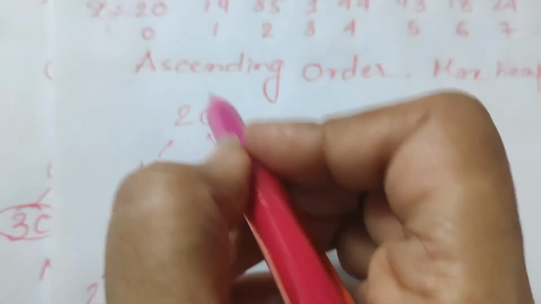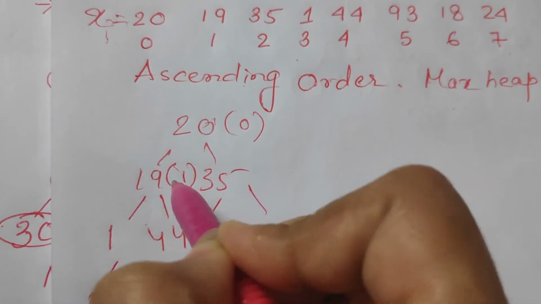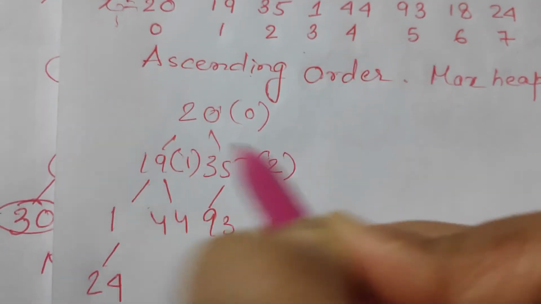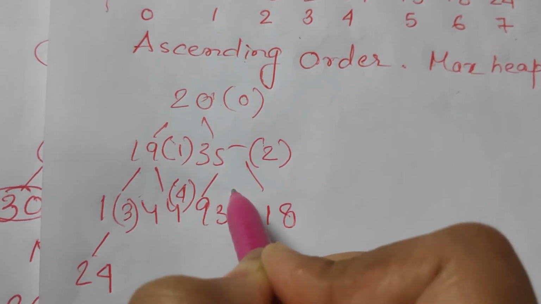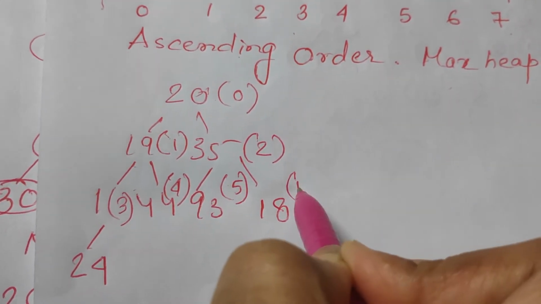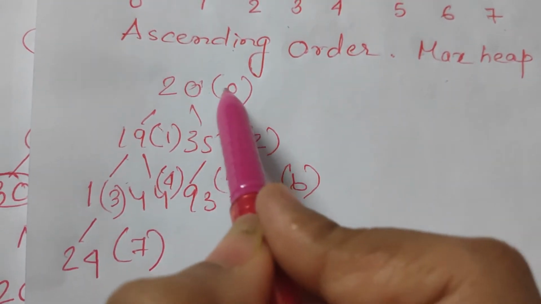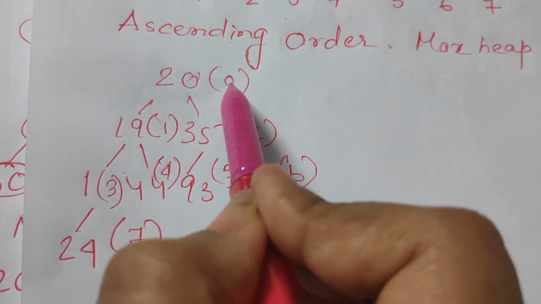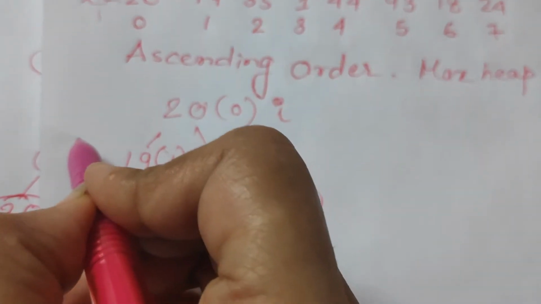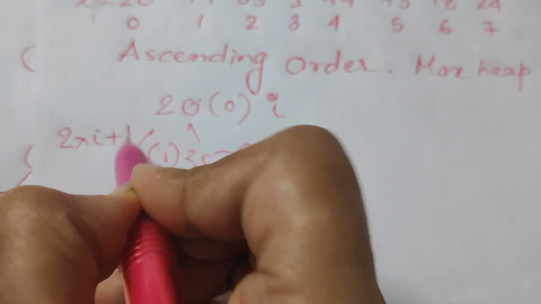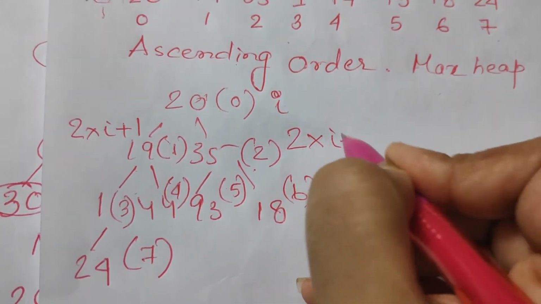Right? This 20 is at the 0th index, 19 is at index number 1, 35 is index number 2, 1 is at index number 3, 44 is at index number 4, 93 at index number 5, 18 has index number 6, and 24 has index number 7. Now if the parent is at index number i, then the left child would be at index 2 into i plus 1, and the right child would be at index 2 into i plus 2.